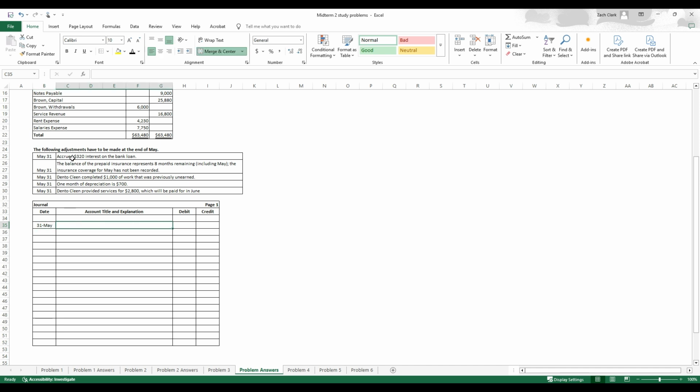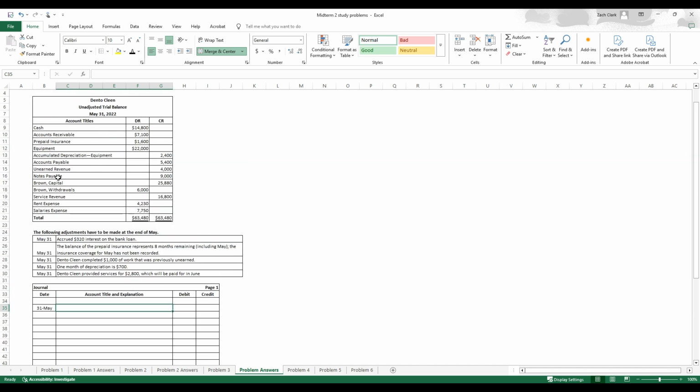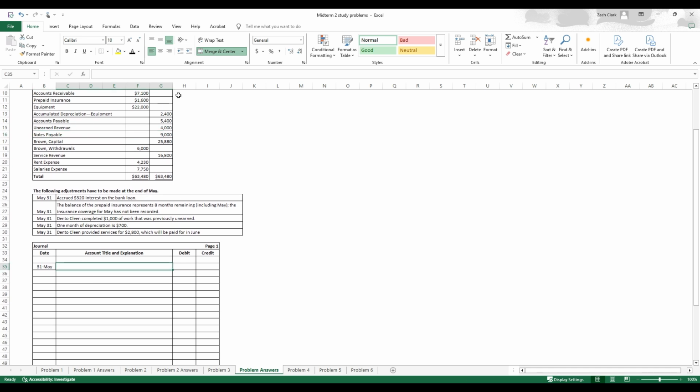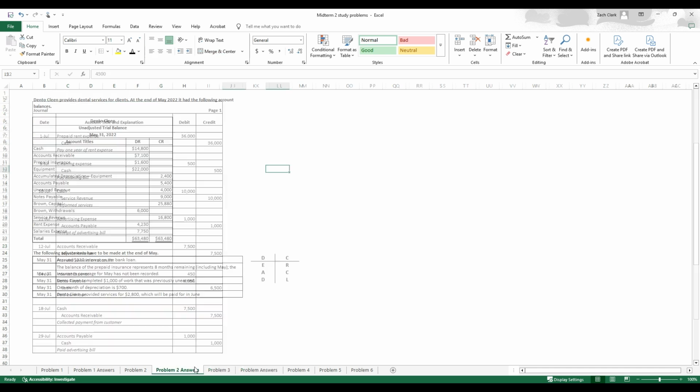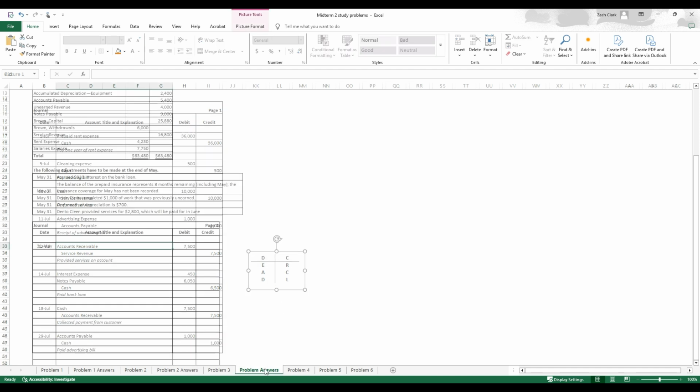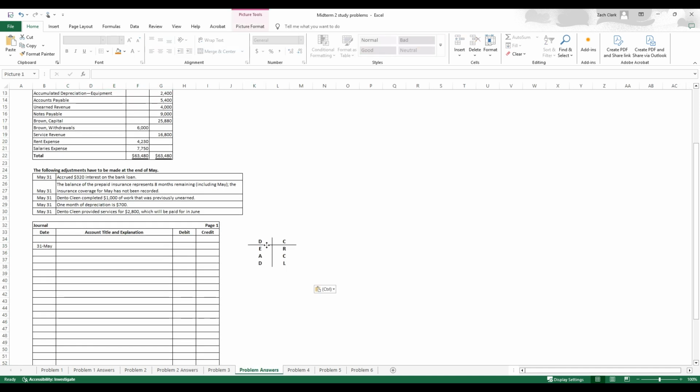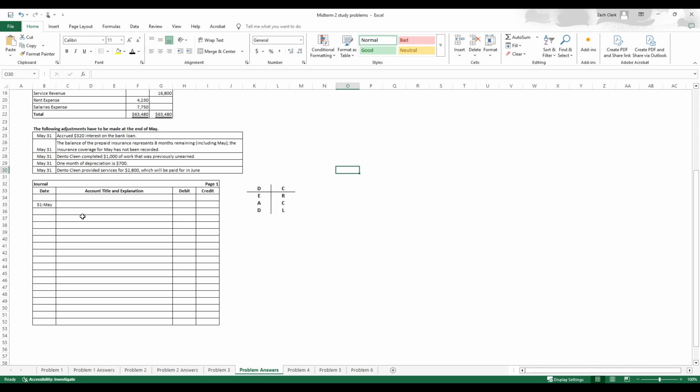And so on the first one, anyway, we accrued $320 of interest on a bank loan. And we can see we have a bank loan here, notes payable, $9,000. So we don't need that balance because it tells us what the interest is. And again, I'm just going to keep taking our debit circle over because it is handy here just in case you want that as a reference.